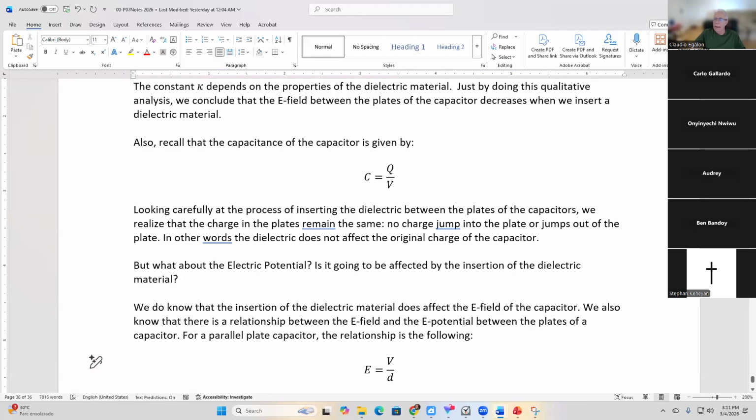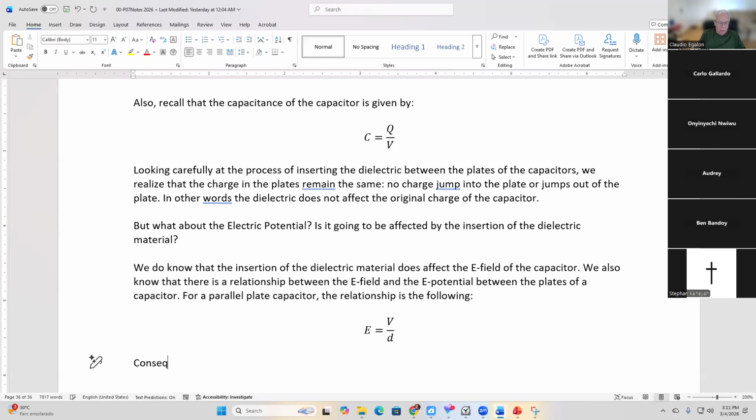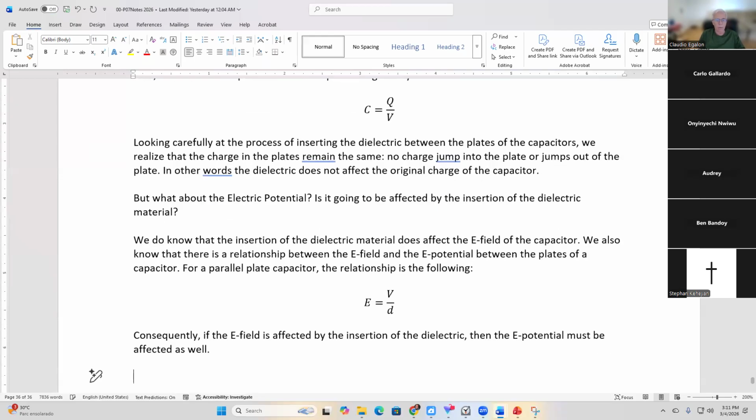So if the E field is affected by the insertion of the dielectric, then consequently the electric potential must be affected as well. Okay?